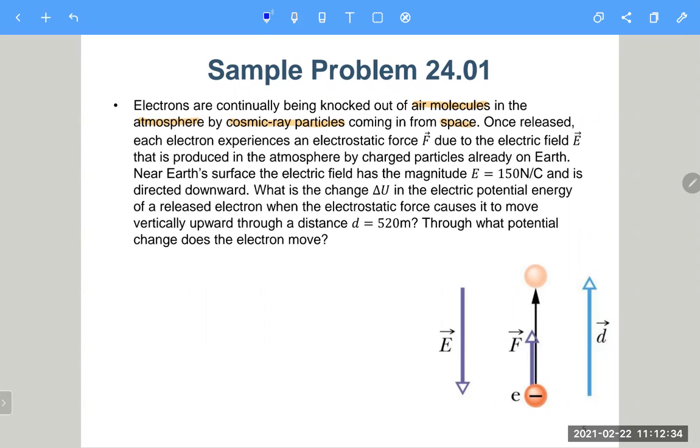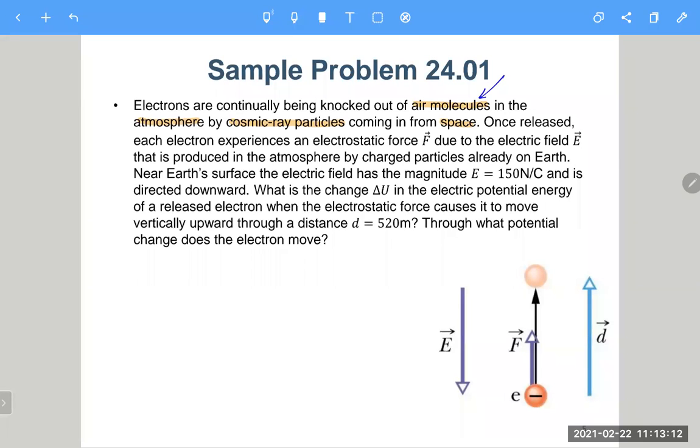So air molecules are the molecules of the air, and cosmic rays are usually high energy particles coming in from space. So you knock out the electron from the air molecules. Once released, each electron experiences an electrostatic force due to the electric field produced in the atmosphere by charged particles already on Earth.